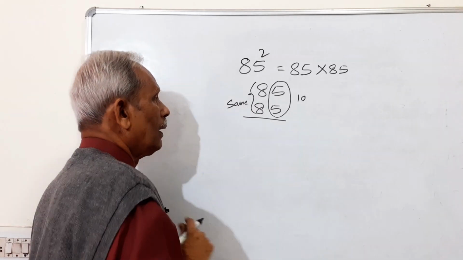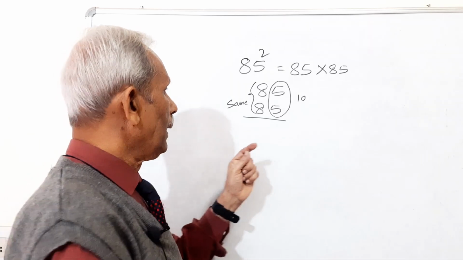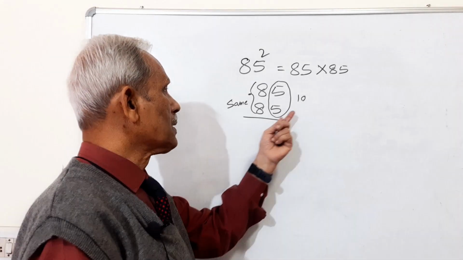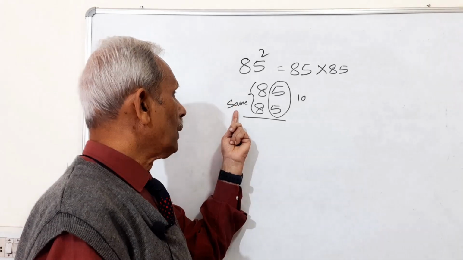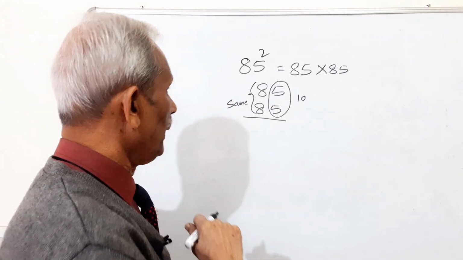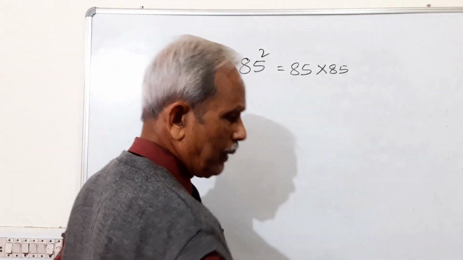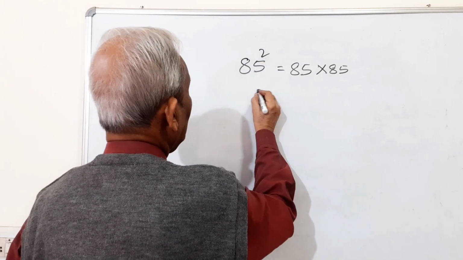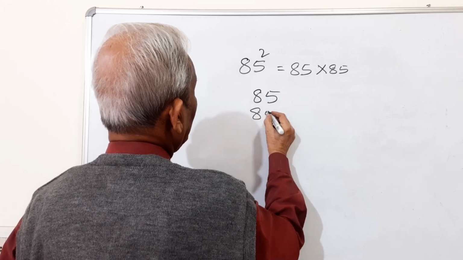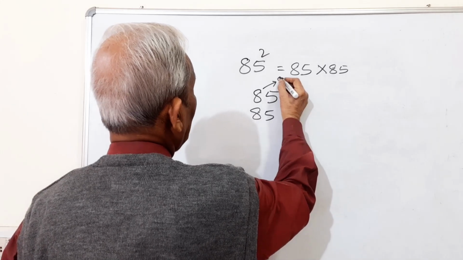If you remember, Ekadhikena Purvena is applicable when the total of the numbers in the ones place is 10 and the numbers in the tens place are the same. Then we can apply it. So what we need to do is, 85 into 85, one more than this number 8 is 9.